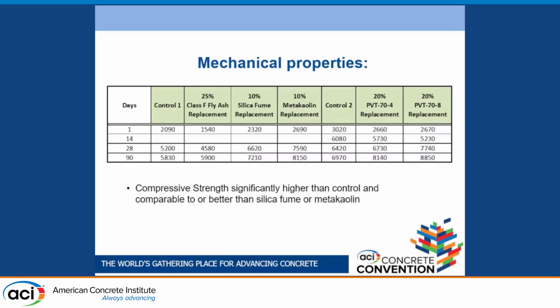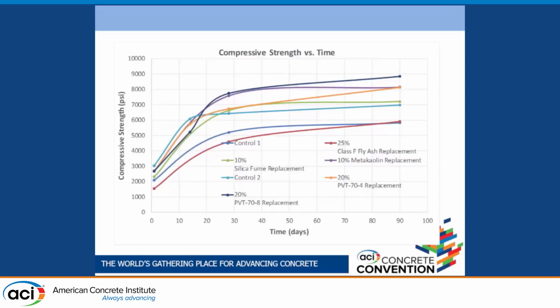Mechanical properties: we received very good strengths. Looking at longer times, they keep getting better, and they're better than the silica fume and equivalent to the metakaolin, especially at longer times. So we had very good strength on this, and one thing we'll look at later on, these things are still getting better in time.